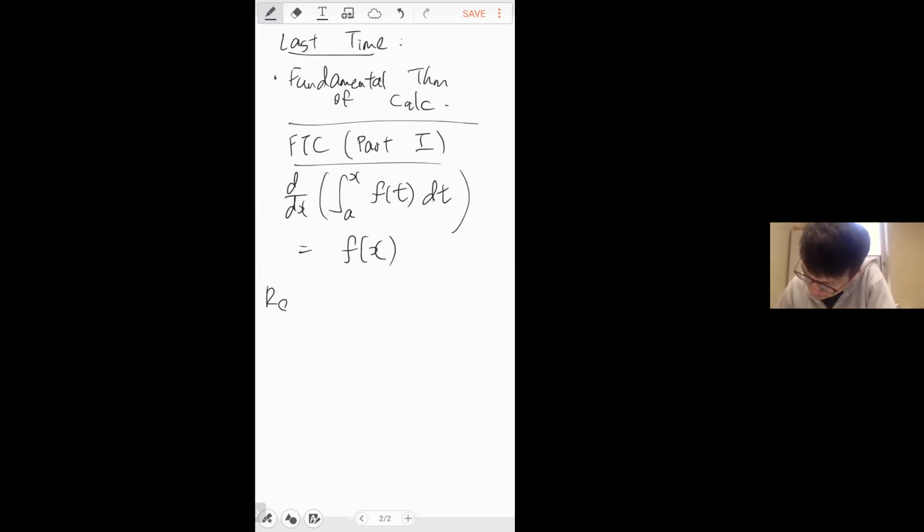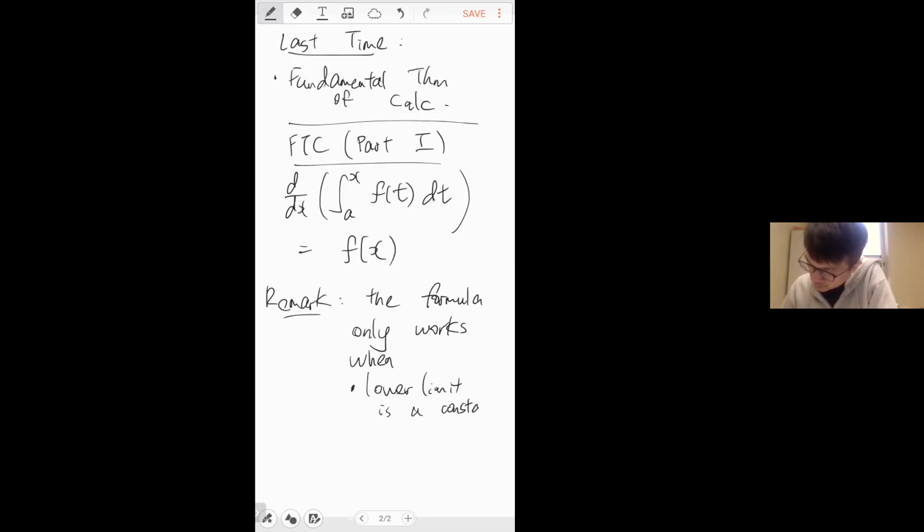One quick remark. The formula only works when two things hold: the lower limit is a constant, and the upper limit is x.